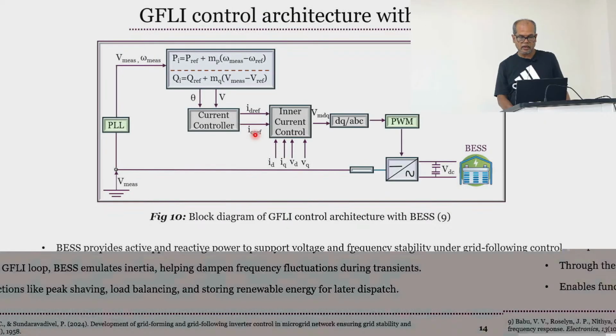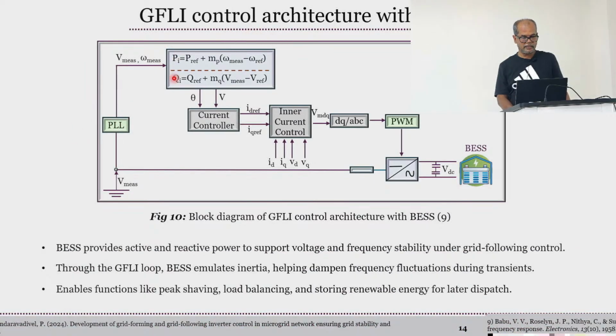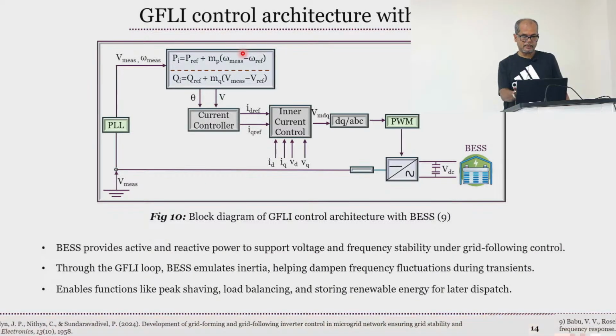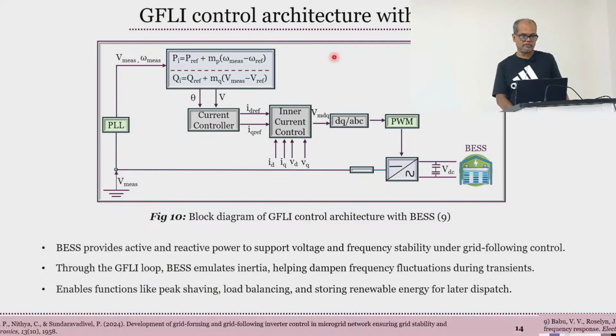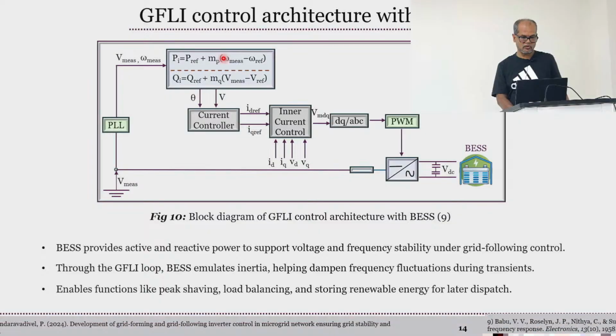So here you are measuring voltage and frequency from your PLL, then you are using your droop, but this one you are definitely going to use to provide some control function, otherwise you don't need the droop. You can directly go for your normal control that I mentioned.